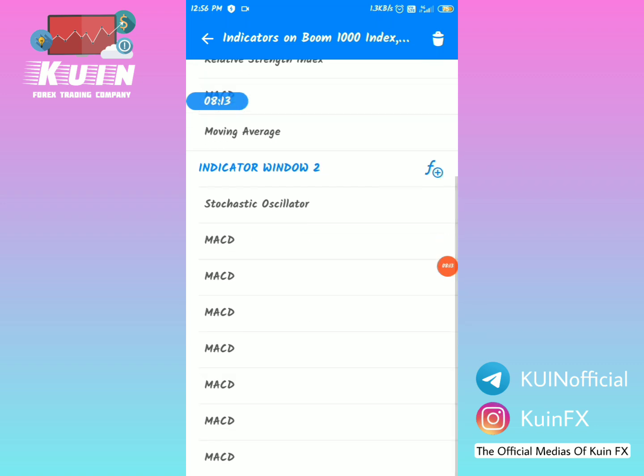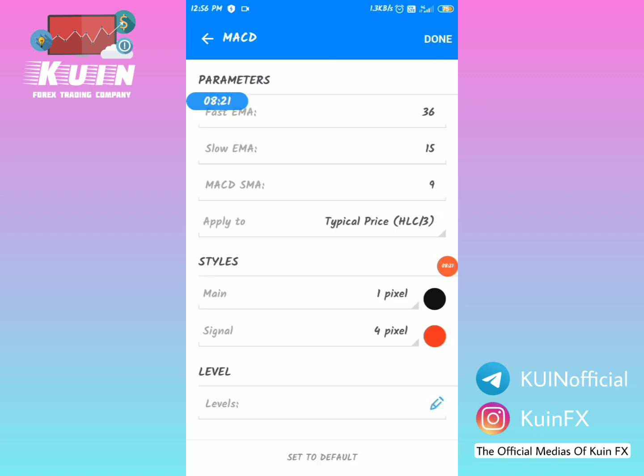Then second we go to MACD. First MACD: fast EMA 36, slow EMA 15, MACD SMA 9, apply to typical price HLC/3. Style main 1 pixel, it's black. If your background is white, it's white. Signal 4 pixel, color red, labels no labels.